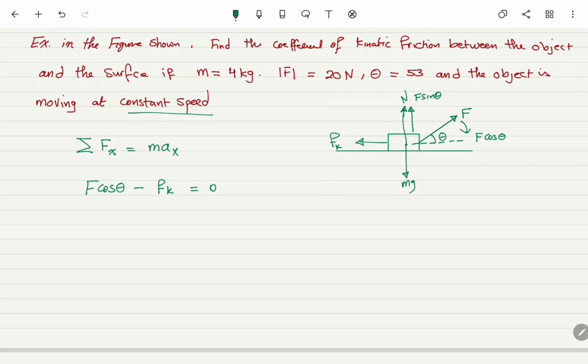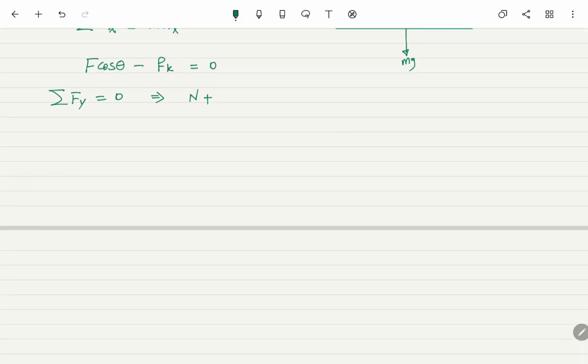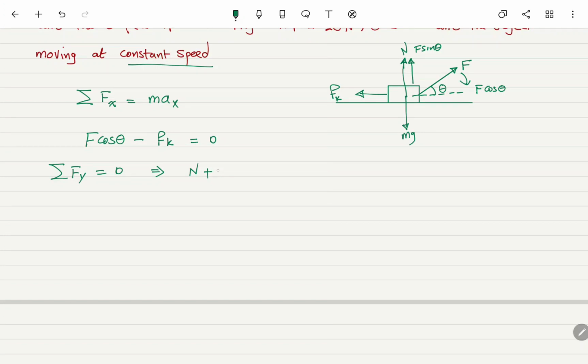And on the y-axis, the sum of all forces on y equals 0. In this case, normal plus F sine theta minus mg equals 0, so the normal force is equal to mg minus F sine theta.